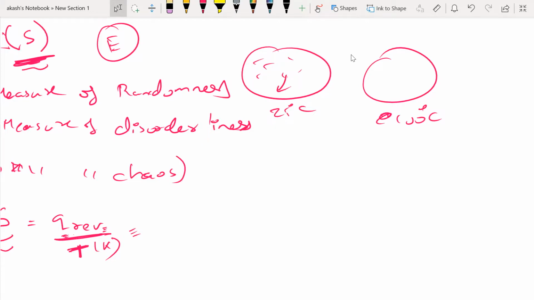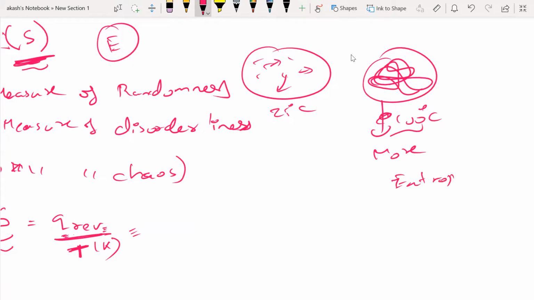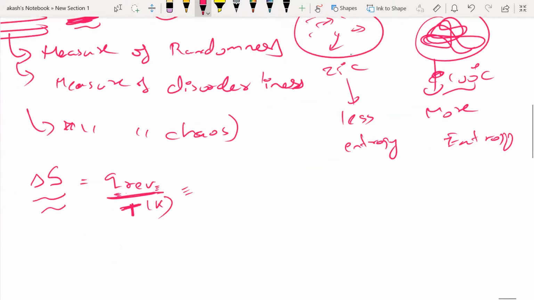The gas molecules are already moving, and if I increase the temperature, they'll be moving very fast, more randomly. So here there is more entropy, here there is less entropy. If the randomness, the unpredictability, increases, then your value of delta S also increases, or the entropy value increases.